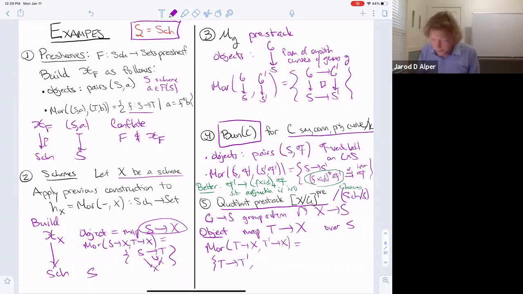On one hand I have T to T prime to X, and I also have just T to X. And I want to say that these maps are equal. So that part of the data is also an element g of G of T that sends one to the other. Okay, this is a lot to unpack here.